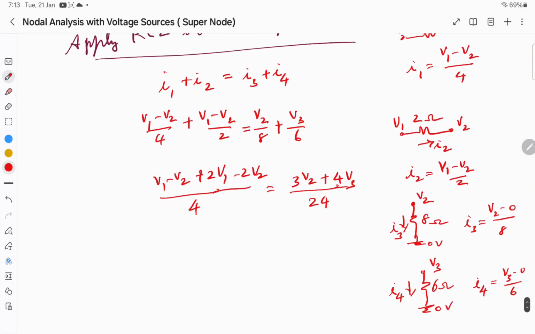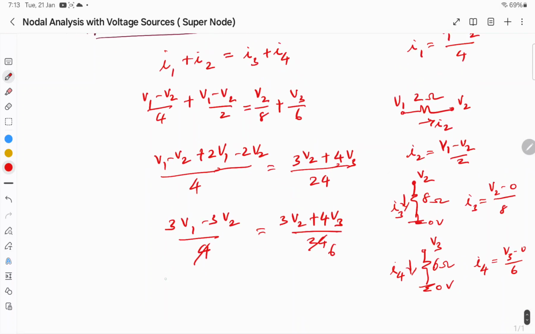I can simplify, on this side it would be 3V1 minus 3V2 by 4 is equal to 3V2 plus 4V3 by 24. So 4 and this will be 6, bring 6 to the left side. So it is 18V1 minus 18V2 equal to 3V2 plus 4V3.